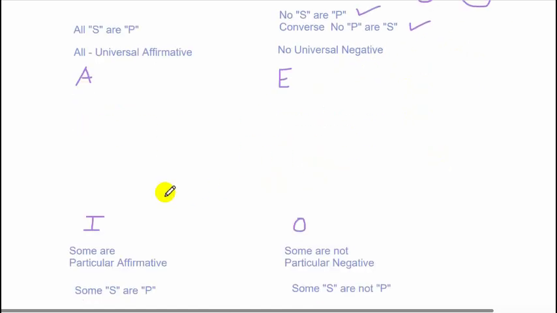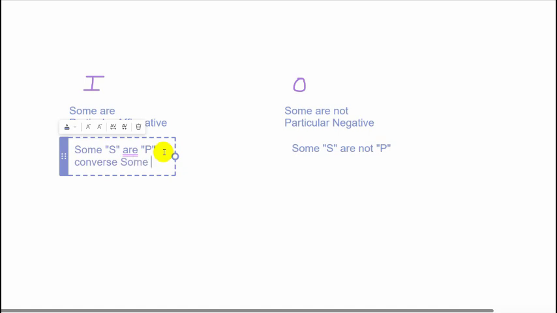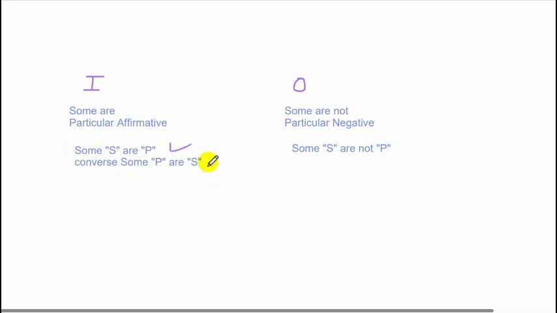Now, coming back to the I part. Some S R P, so automatically the converse of this will be, since we have to interchange the subject and predicate, some P R S. Now, both the statements are still true, and both have the same meaning.